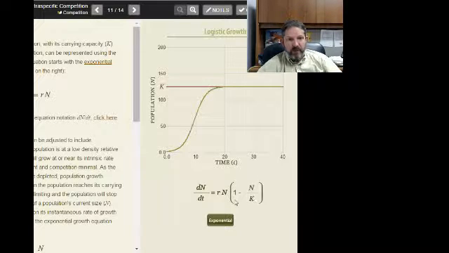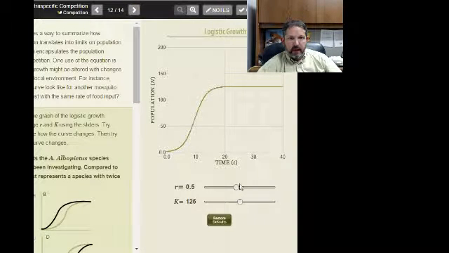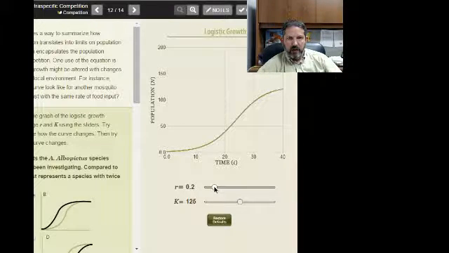And by definition, the growth of the population stops at k with this math in there. Okay? And then you can see the difference, slow growth rate, fast growth rate, and this is with a carrying capacity.